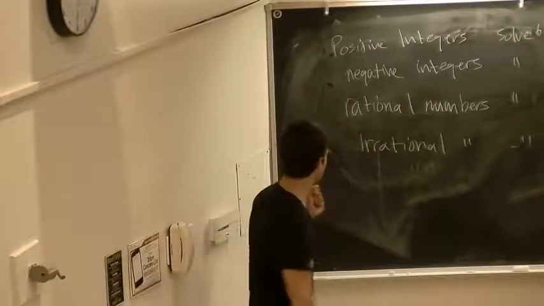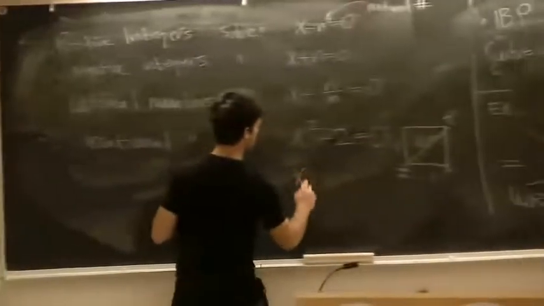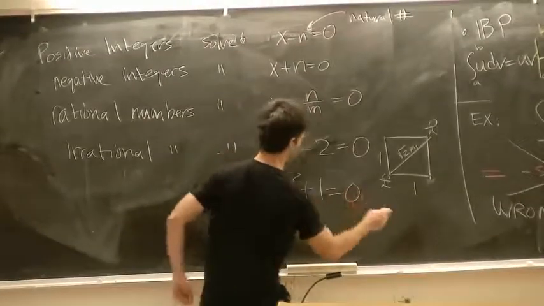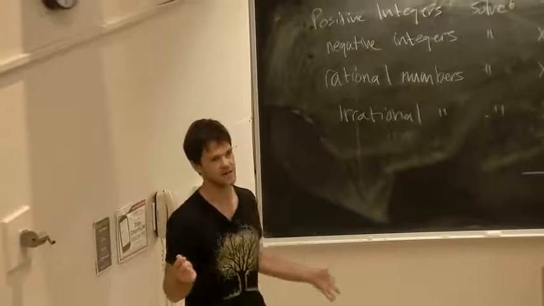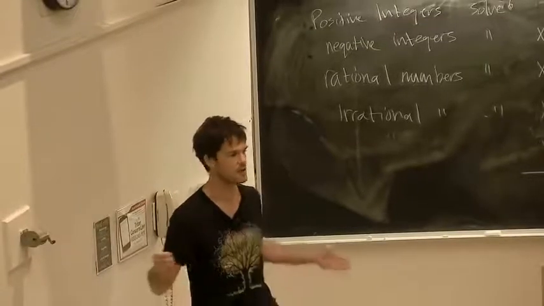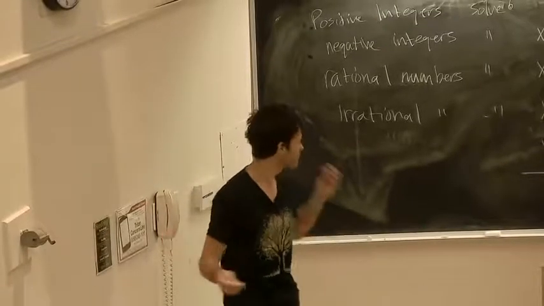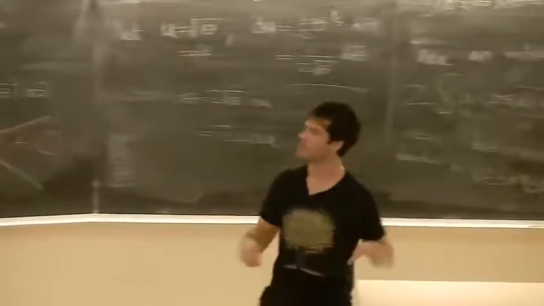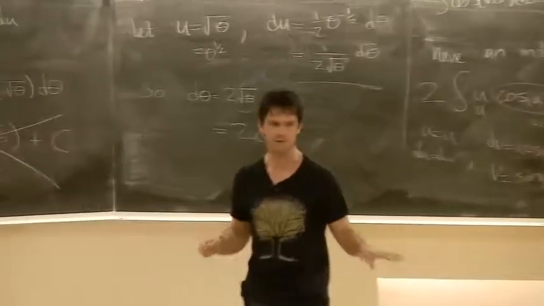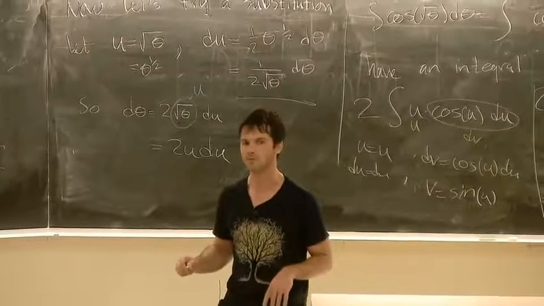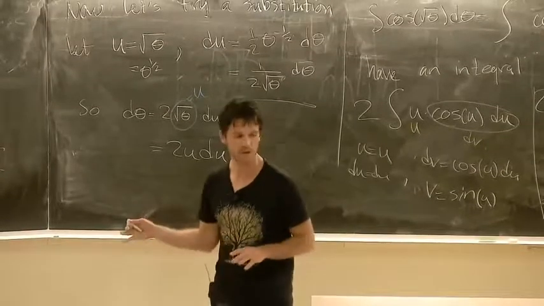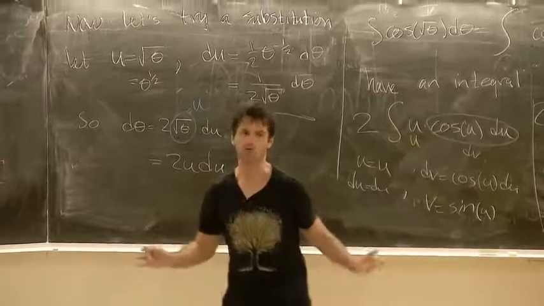And then we get to equations like this, x squared plus 1 equals 0, which, again, for a long time, people didn't think had any solution. They would just say, there is no solution. Except it would be really nice if there was, because then we could have this theorem, which I'm going to show you guys within the next week, called the fundamental theorem of algebra, which says that every polynomial can be totally factored.